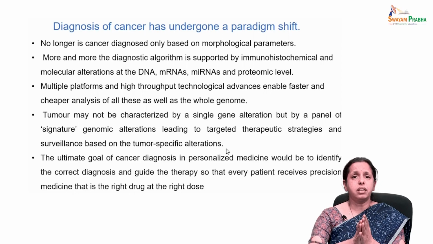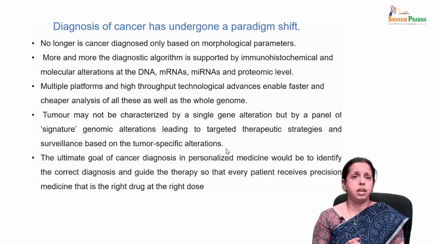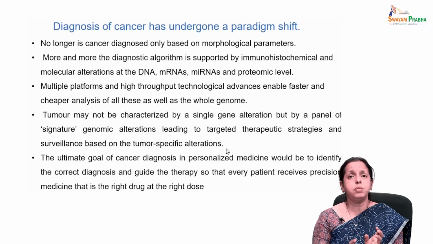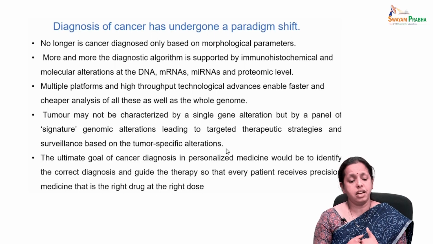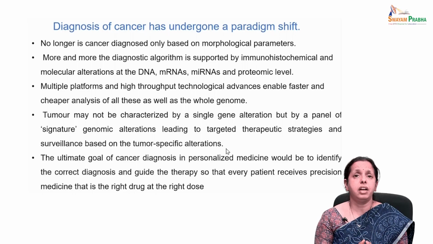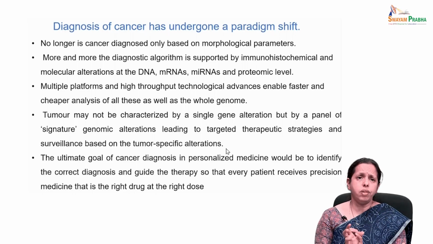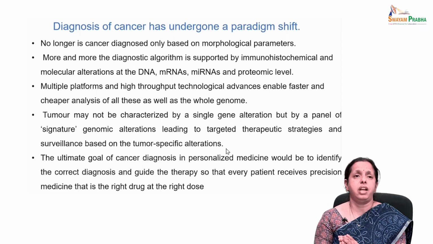No longer is cancer diagnosed only on morphological parameters, as I said. You need algorithms supported by your IHCs, DNA signatures, mRNA and miRNA, and proteome signatures. All of them are very important to stratify the cancer types.